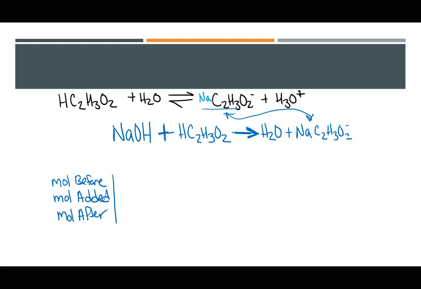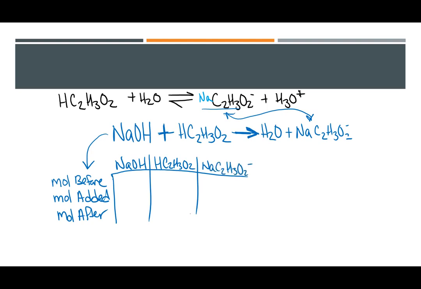No cute acronym for this one. And then this is the second equation. So on the top is going to be our NaOH, our acetic acid, and our sodium acetate or acetate ion, whichever one you guys are using.